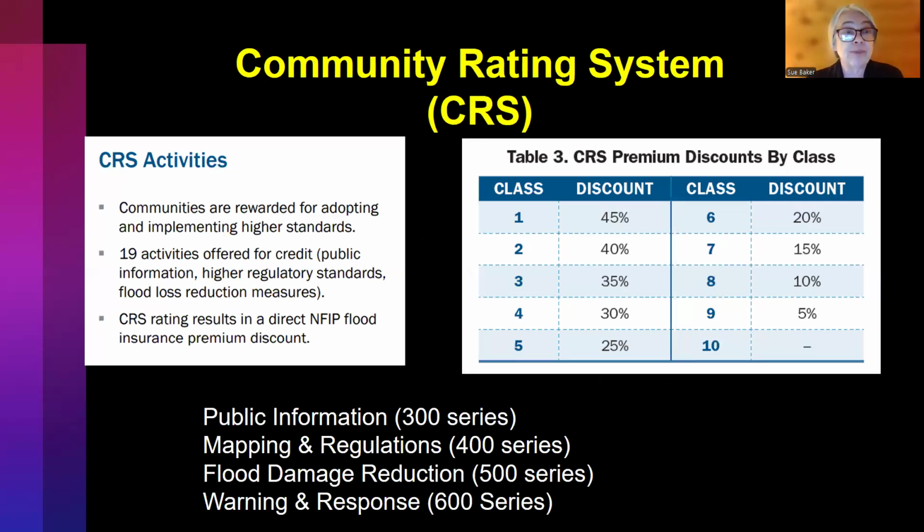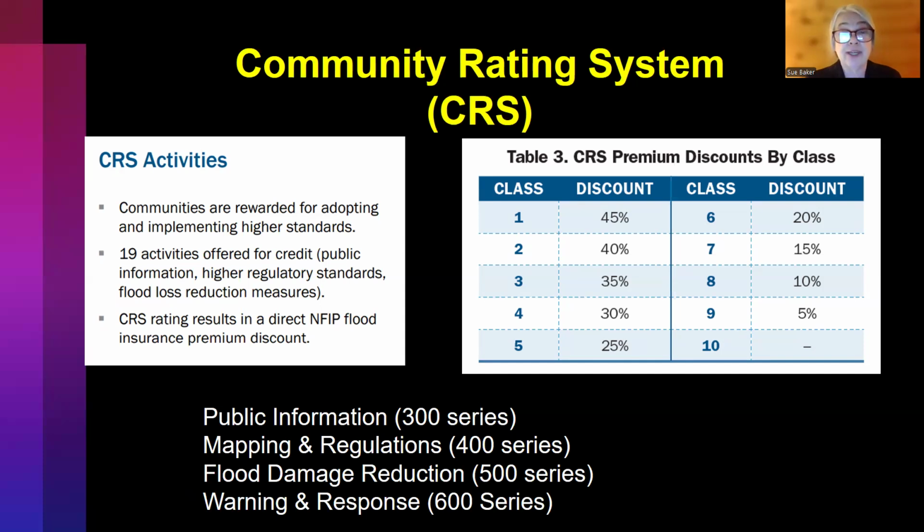So this program actually rewards communities for adopting and implementing higher standards. There are 19 eligible activities that can get various amounts of credit. They are in 4 major categories as shown on the bottom of the slide. And although the community is the one that participates, it is insurance policy holders that actually reap the discounts.